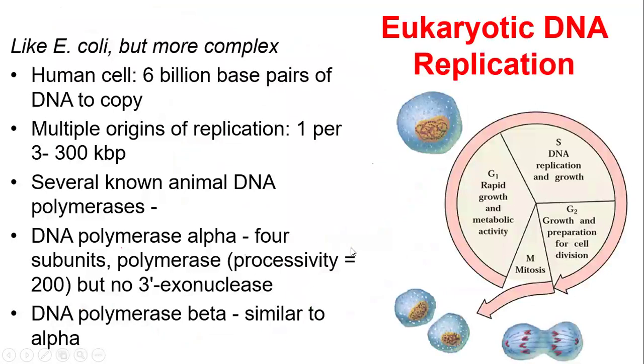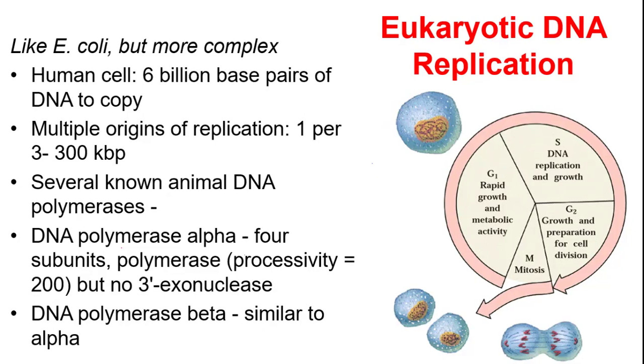This process is very important because the cell can never divide until replication has occurred, and this is to ensure that an adequate amount of DNA has been reproduced to be shared between daughter cells. That is why we say it is like E. coli, but more complex. In humans, 6 billion bases are to be copied. Remember that we have 3 billion base pairs, but put together that is actually 6 billion bases.